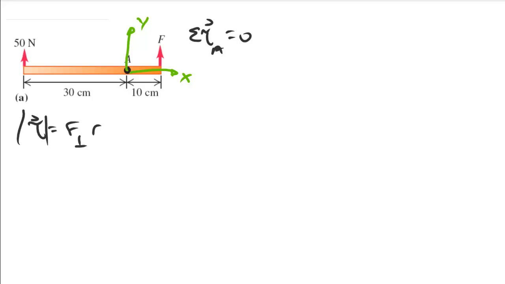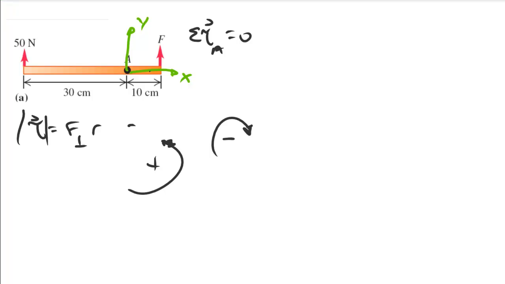A counterclockwise rotation is positive. It's coming out of the screen. This comes from the right hand rule: if you put your right hand on the screen and curl your fingers this way, your thumb points up out of the screen. If you curl them the other way, your thumb points into the screen, which we call negative.